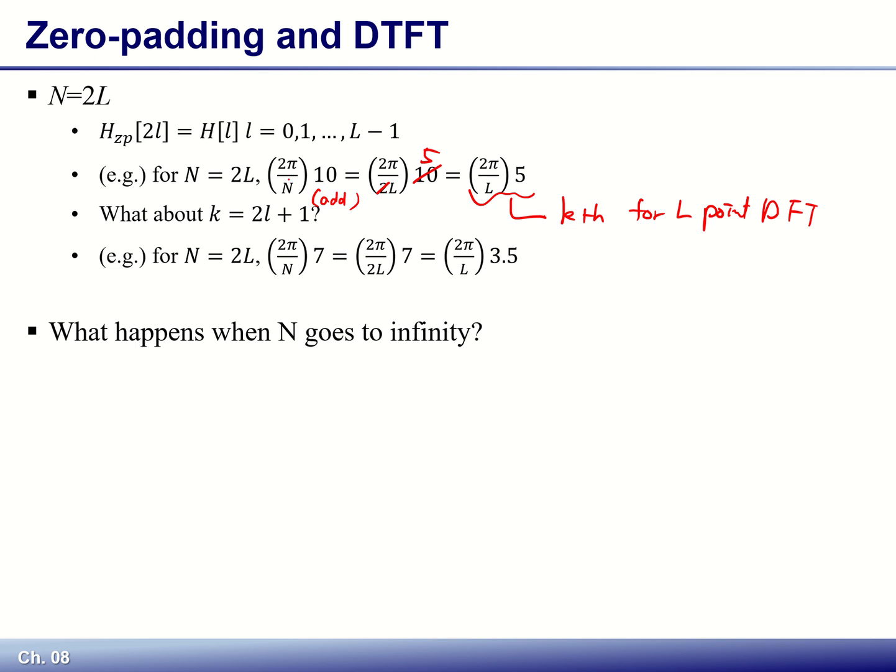Same way, 2 pi over N times 7, then it is not cancelled out; it becomes 2 pi over L times 3.5, so it is in the middle of the L-point samples.